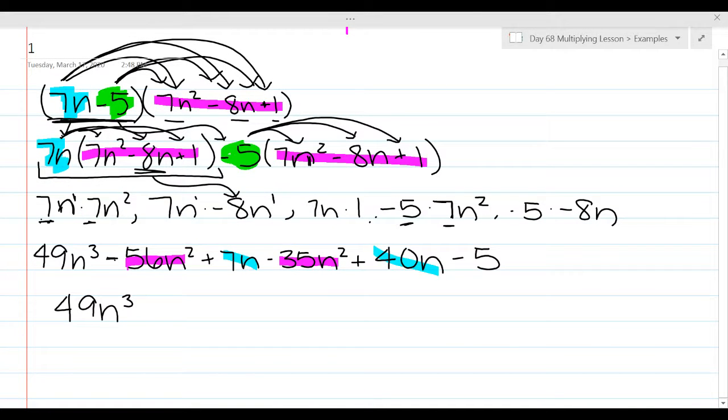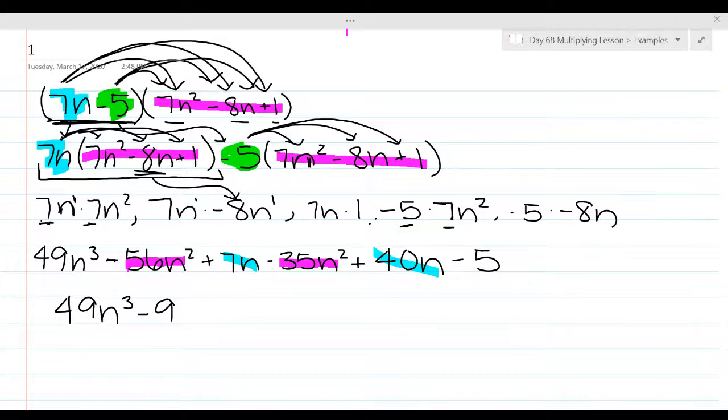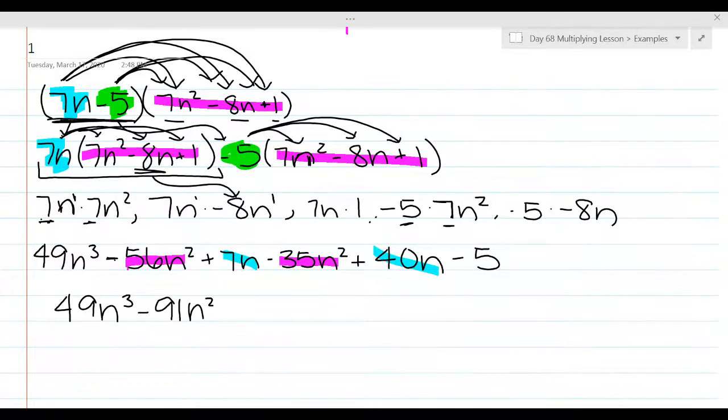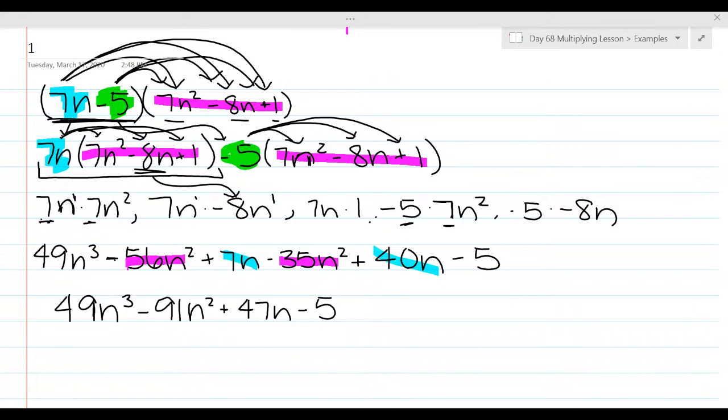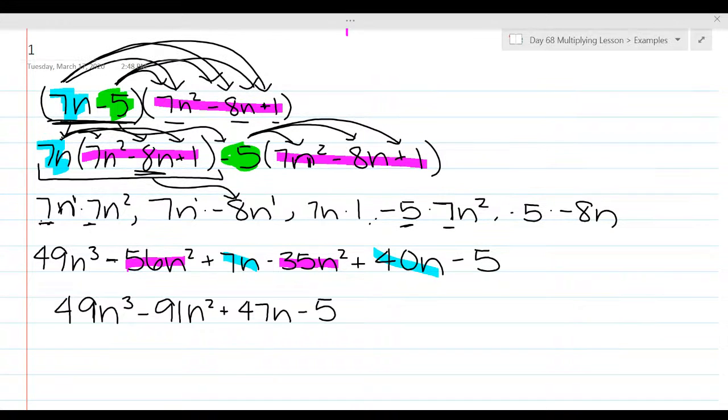We got a negative 56 minus 35, which is going to give us a negative 91n squared. Remember, the variable and the exponent just move along with it. Then we have 7n plus 40n, so that's going to be plus a 47n. And then just tack that negative 5 on the end. There's our final answer.